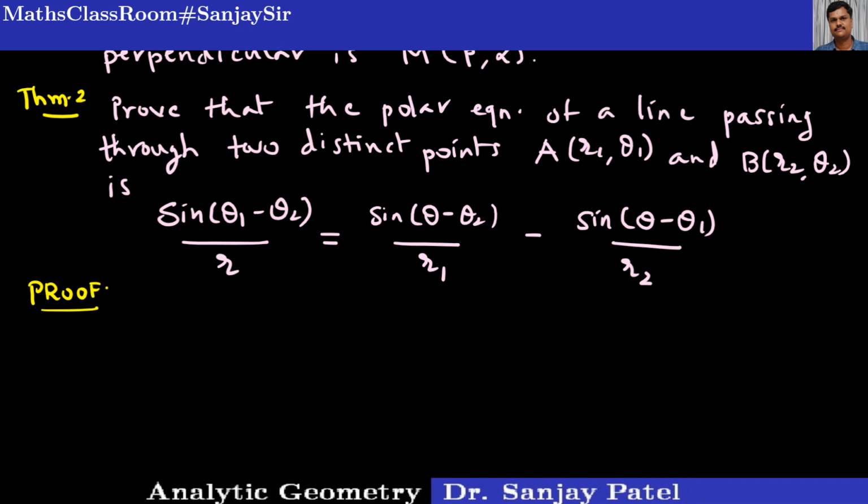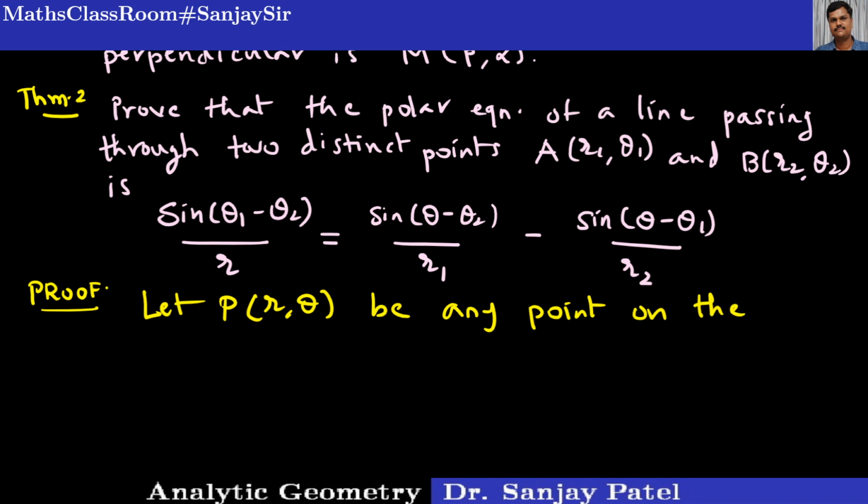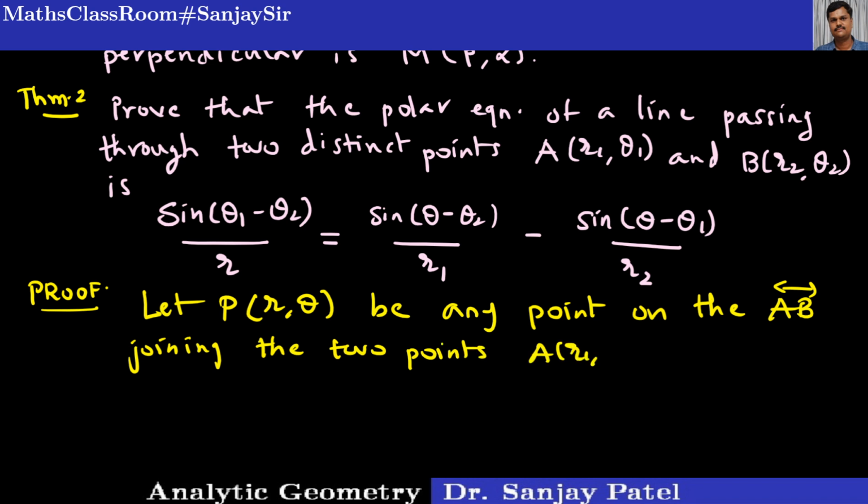First of all, let us take P (r, theta) be any point on the straight line AB, joining the two points which are given here, A (r1, theta 1) and B (r2, theta 2). Fine.